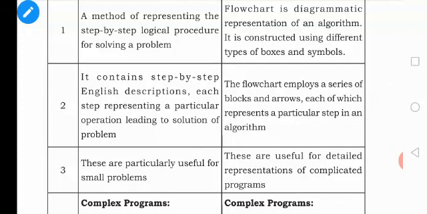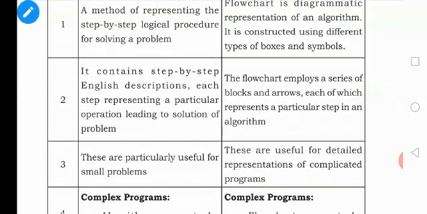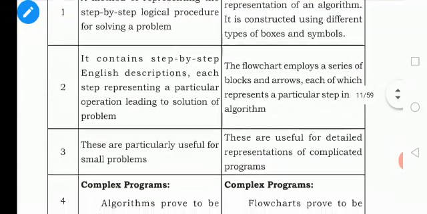Just as the algorithm has the English description, the flowchart has blocks and arrows, which are parts of that flowchart. Then the third point: algorithms are particularly useful for small problems, while flowcharts are useful for detailed representation of complicated programs. So this is the difference between them.